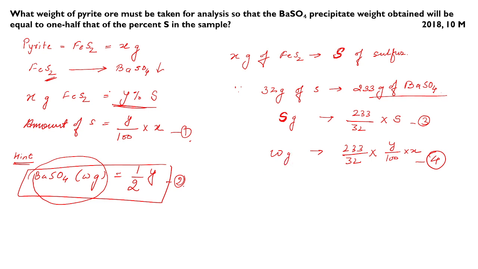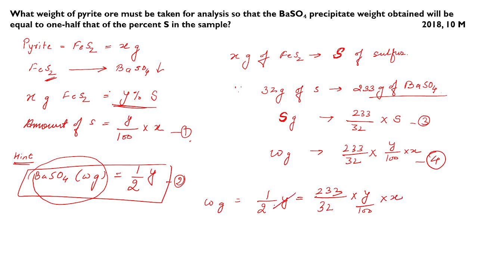And from equation 2 we already know that W gram is equal to 1 by 2 of Y, and from the stoichiometric equation it is also equal to 233 divided by 32 multiplied by Y by 100 multiplied by X.